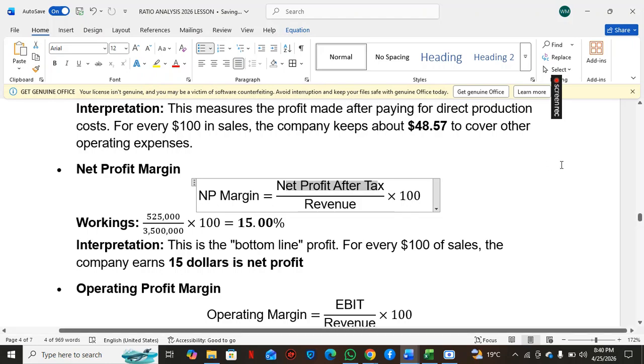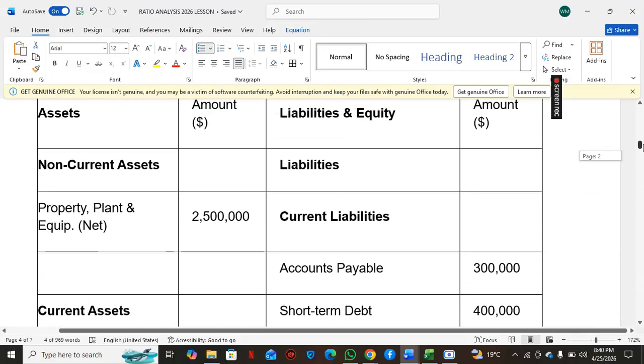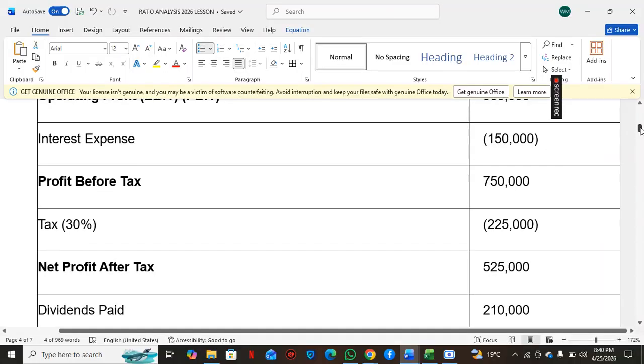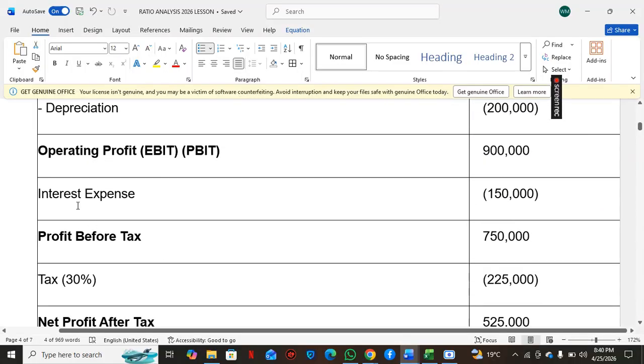So this net profit margin, if we look at our income statement, this interest expense should be dealt with so that you have a higher profit before tax.